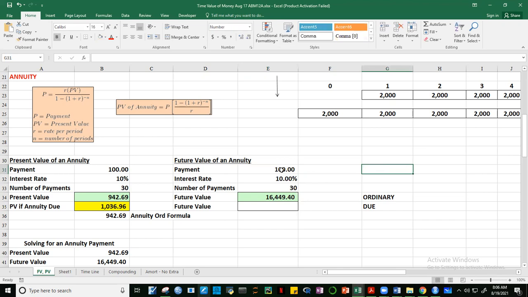Now let's see if we get the same answer if we use the present value. Because we said the equivalent of 100 for 30 years at 10% is 942.69. So if I get the future value of 942.69 in 30 years at 10%, how much do I get? Can you do that, please?